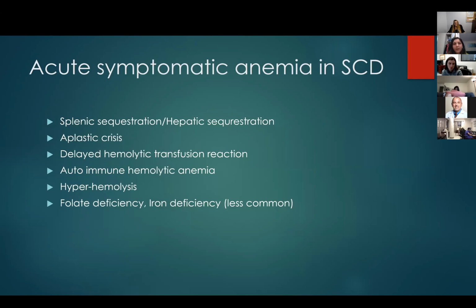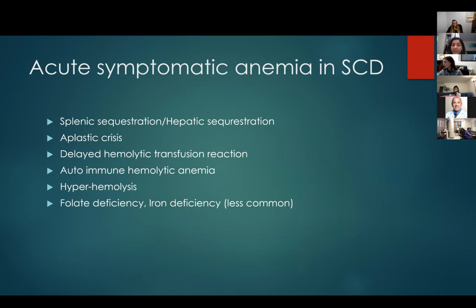Okay. So next we come to talking about acute symptomatic anemia and sickle cell disease. And there are a few conditions that you should think about when somebody presents with hemoglobin that's more than 2 grams lower than their baseline, and they're having some symptoms from it. First of all, you have splenic sequestration or hepatic sequestration crisis.